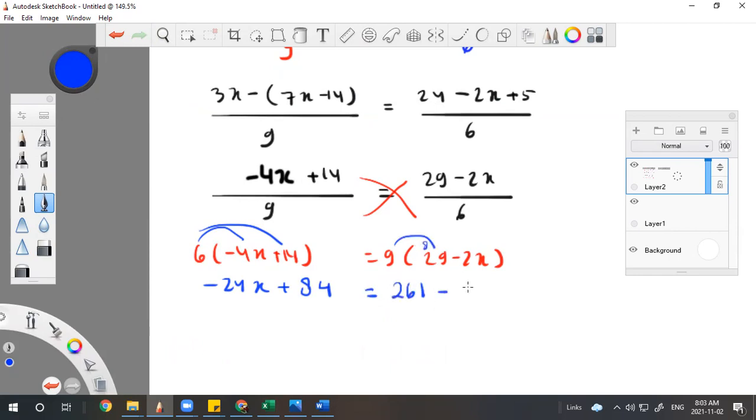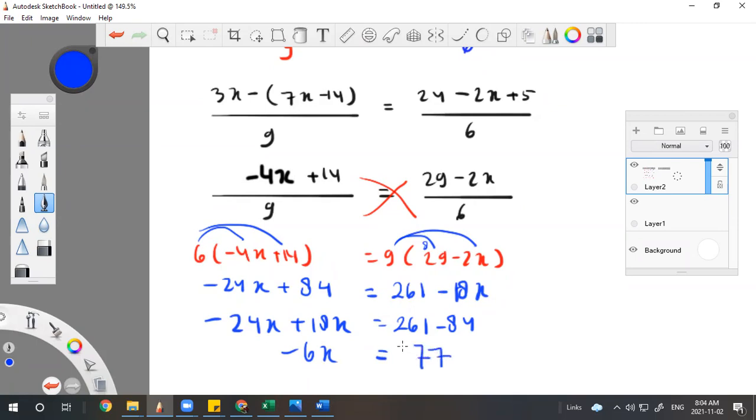261 minus 18x. Right? So put everything on the left side, unknown, negative 24x plus 18x equals 261 minus 84. Okay, so negative 6x equals to 7, 1.